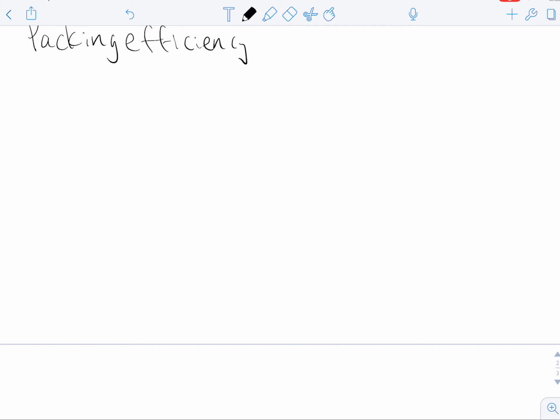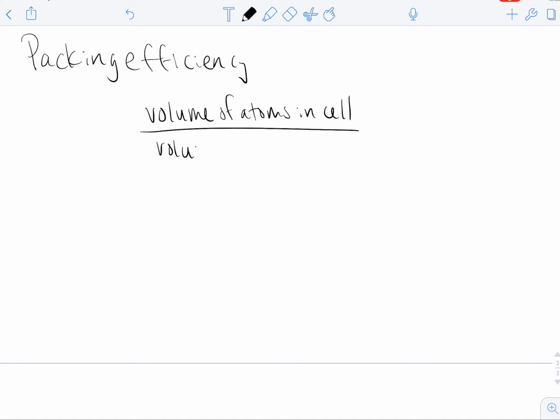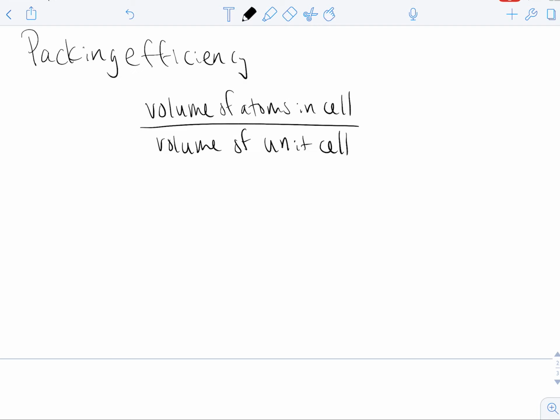So our packing efficiency is going to be the volume of our atoms in our cell divided by the volume of our unit cell. Of course, we're going to have an atomic variant and an ionic variant.